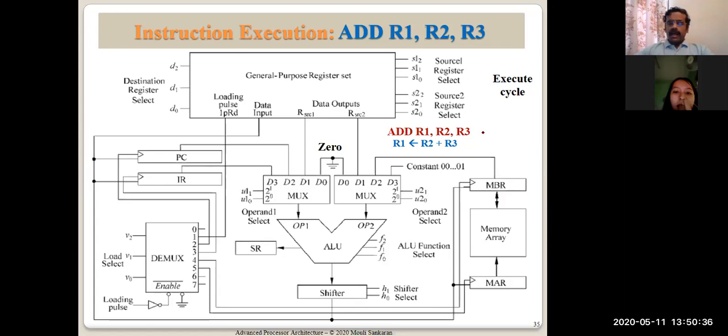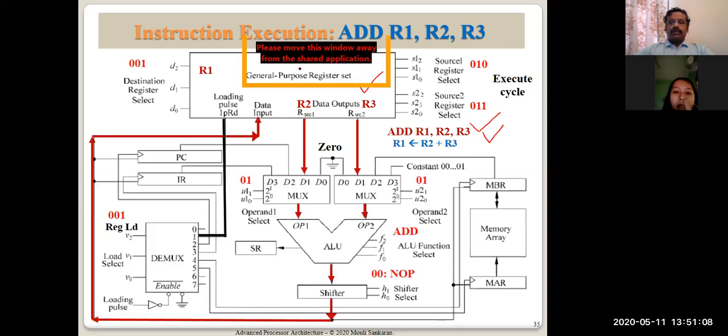If this instruction has to be executed, there is no memory cycle involved, because this instruction does not need any operand coming from the memory. They are internal to the registers, internal to the CPU. It's all available here.